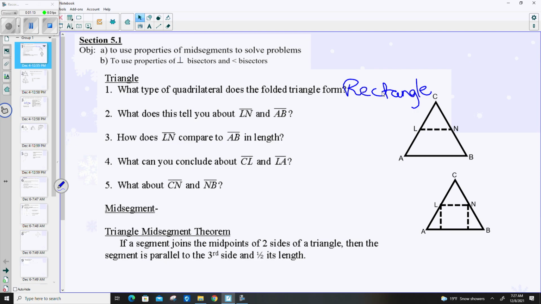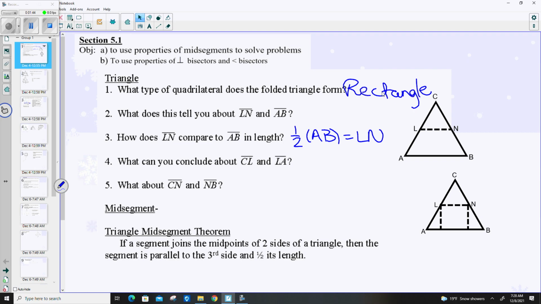LN is half the size because LN in the bottom of the rectangle are the same, but when I open that up, the bottom of the rectangle is 2 of the LNs. So we go bottom of the rectangle and then out to A and B, that's double it, right? So LN is half. So I'm going to skip to number 3 and go there. And say that LN is half AB.